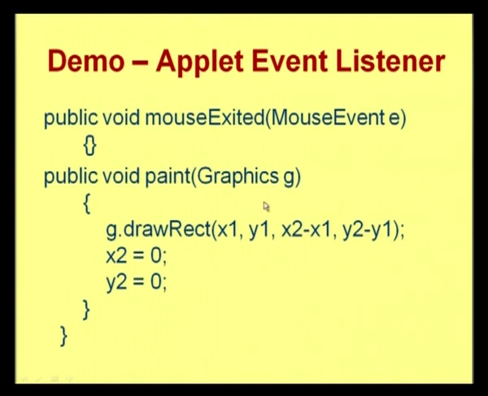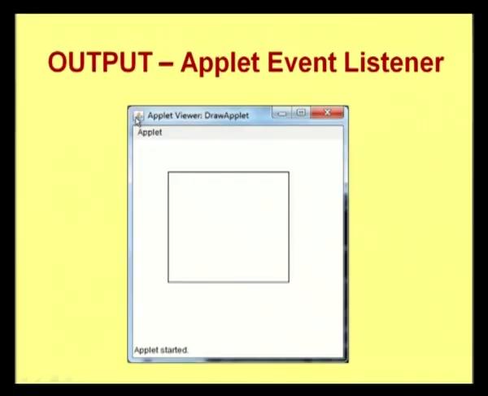Once your mouse is released, your paint method is called automatically, and it will draw the rectangle with these values, and then I am reassigning the values of x2 and y2 to 0, so that whenever I try to drag somewhere else, the rectangle is changed to that new x2 and y2 position. You can see here, when you execute the program, you know the methodology of executing the program.